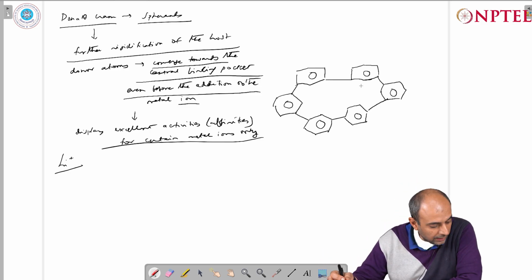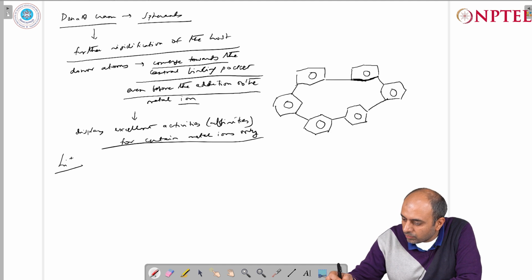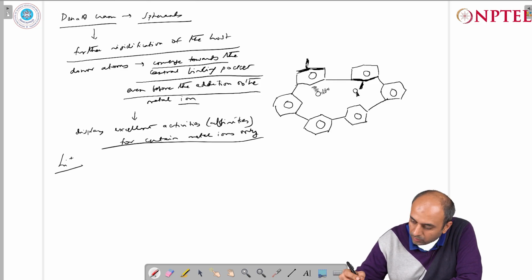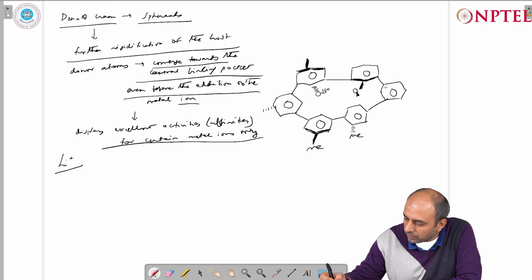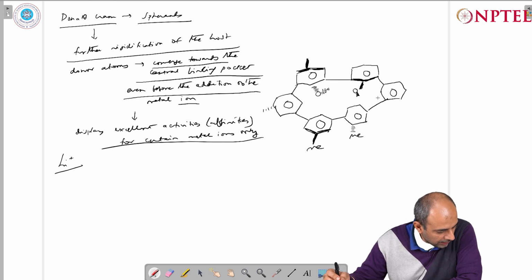So this is a hexaphenyl host, but now we will see what are the changes here. So we will have this one above, and this one below. Again this one will be 1 2 3 4 5 6, right? We have got 1 2 3 4 5 6.